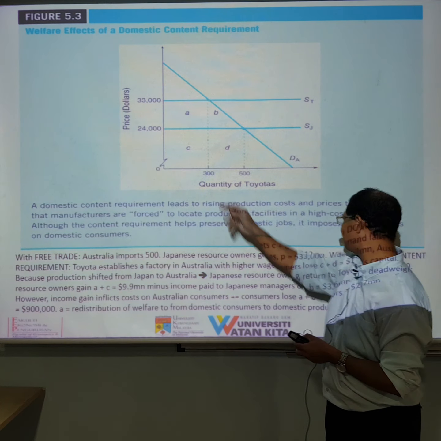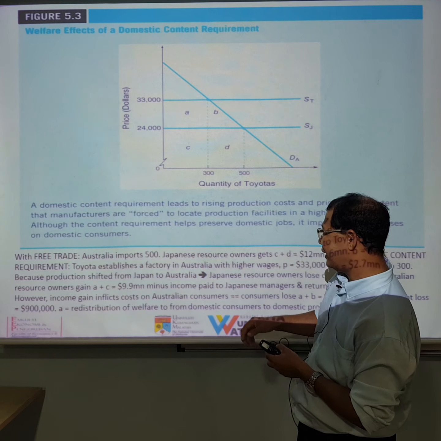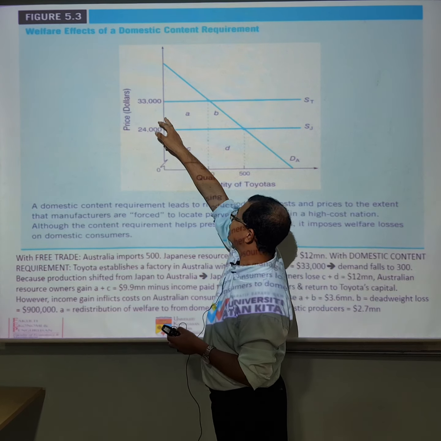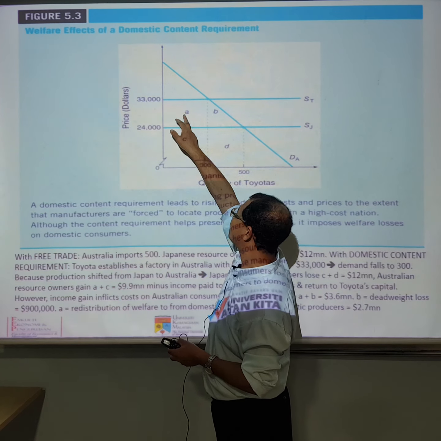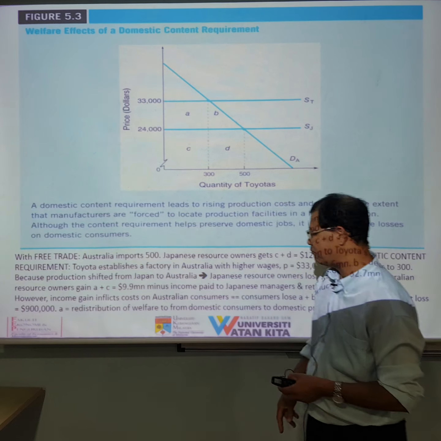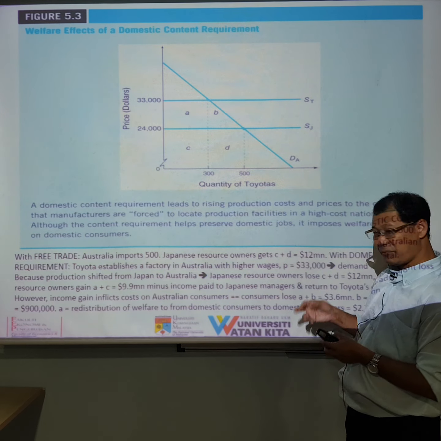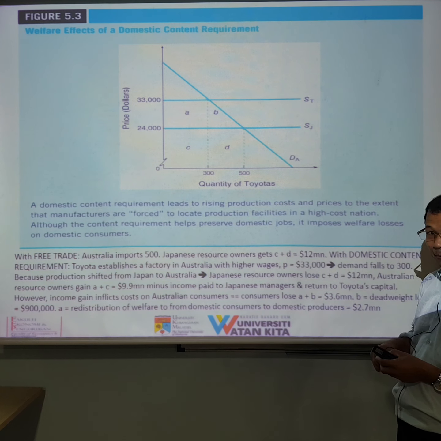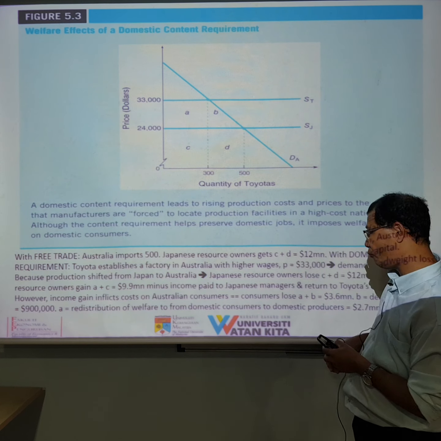You can calculate that. Australian resource owners gain A and C, which is, you can calculate, $9.9 million, minus income paid to Japanese managers and the return to Toyota's capital inside there.